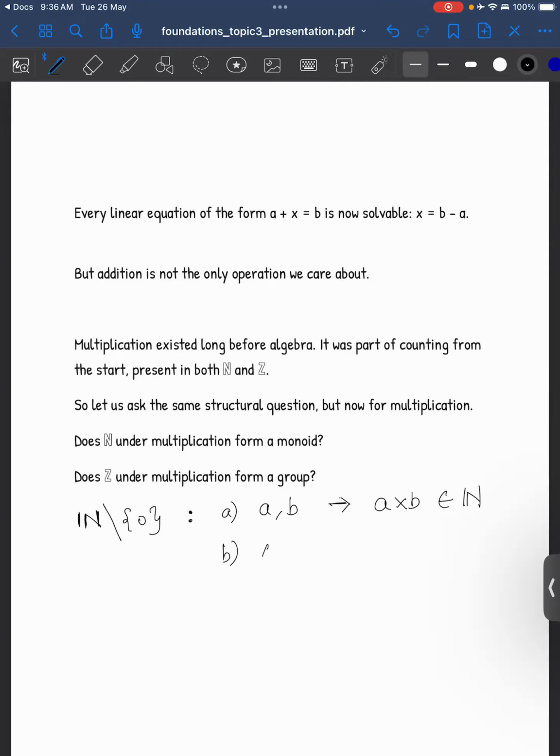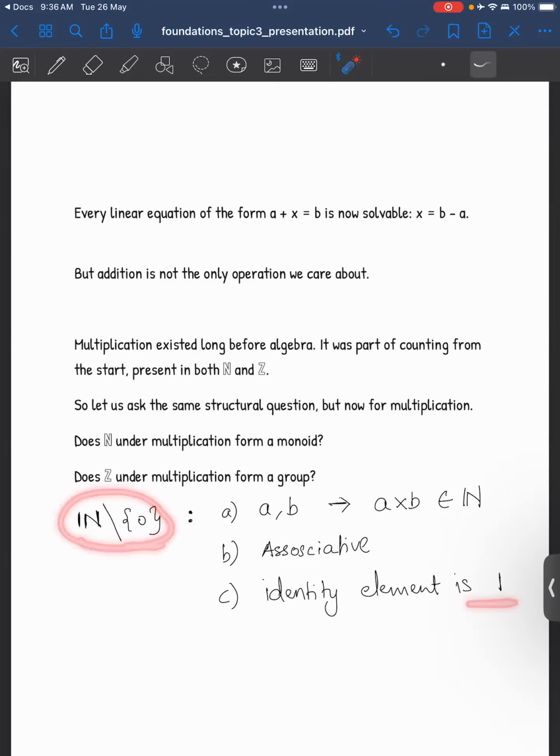Similarly, the operation is associative, and the identity element is 1. Remember that it is important for the 0 to not be part of this set for it to become a monoid, because the identity element being 1 only makes sense when 0 is excluded from the natural number set.